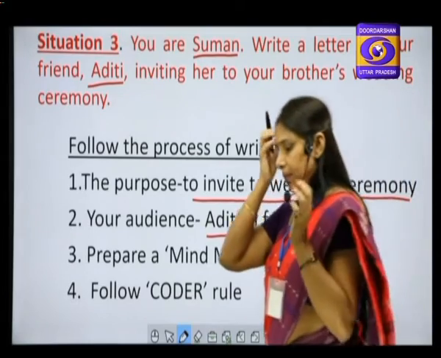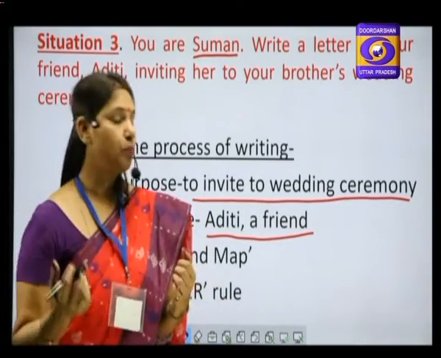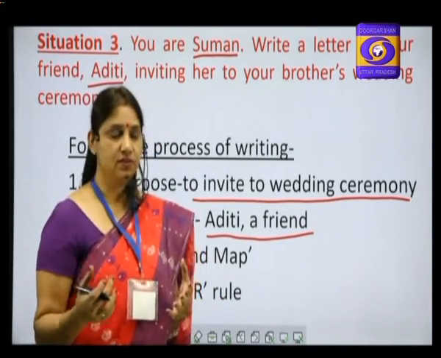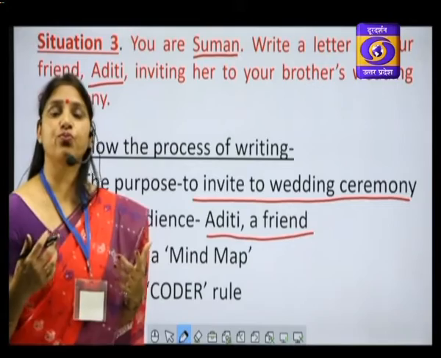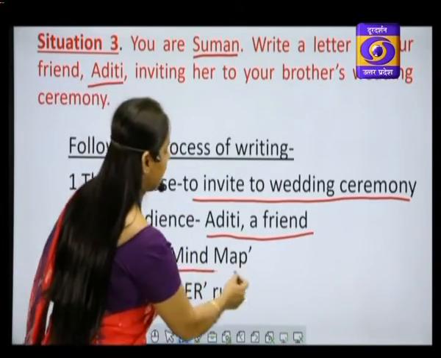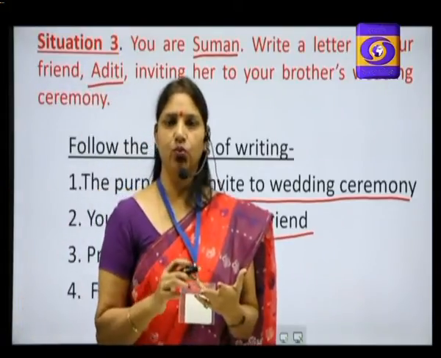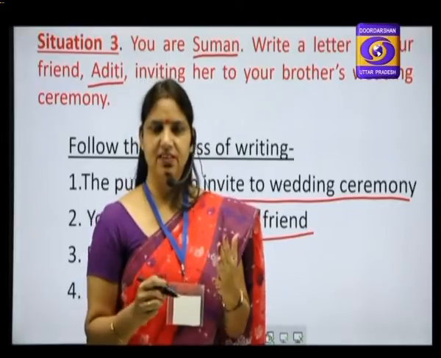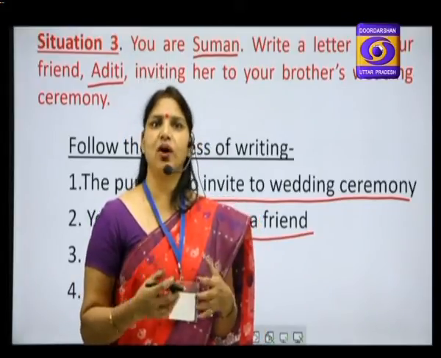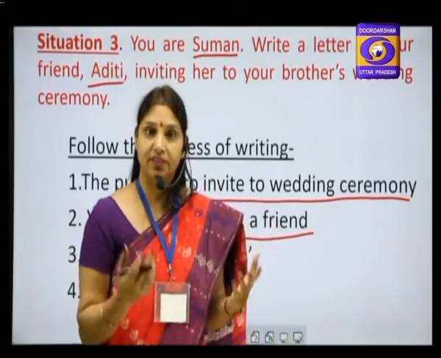Now prepare a mind map. When you're writing to somebody to invite him or her to your place to attend a function, there are so many things which have to be mentioned in the letter. What things will you mention? Prepare a mind map. You have to give her the date, the venue, the time. These things have to be given to her, and then you have to plan so many things together because she is your friend coming to attend your brother's wedding.